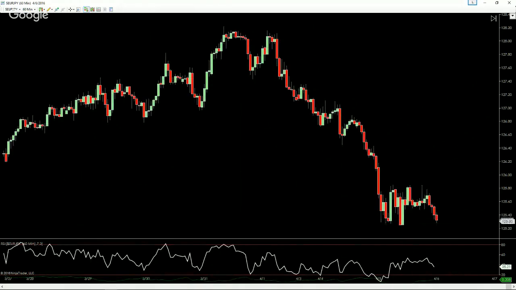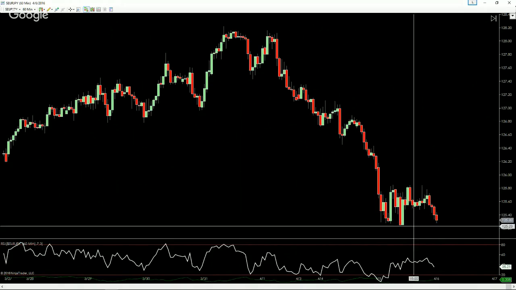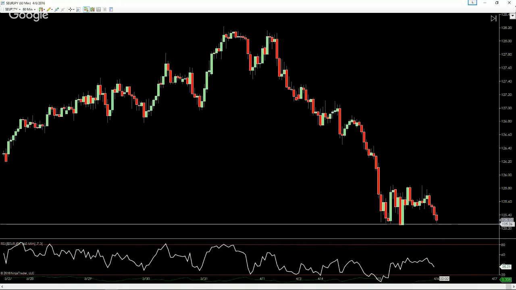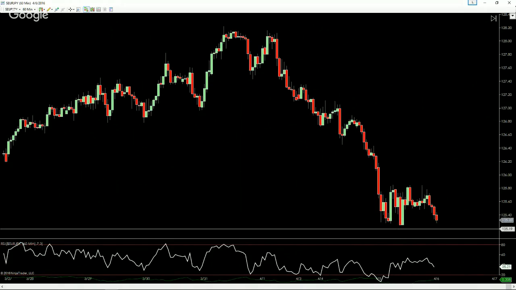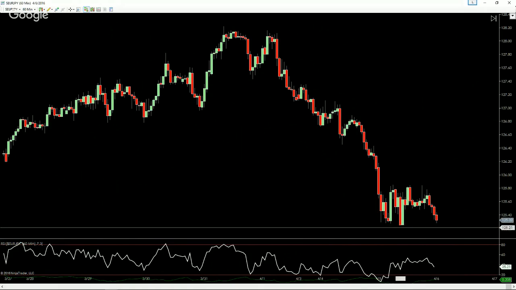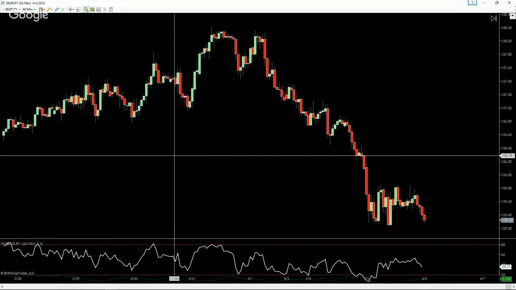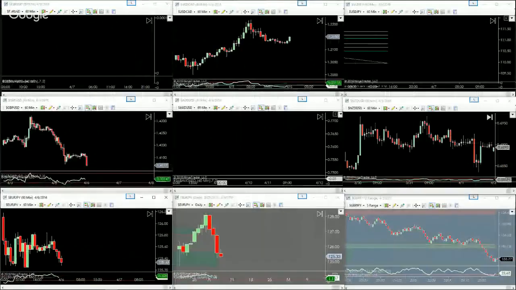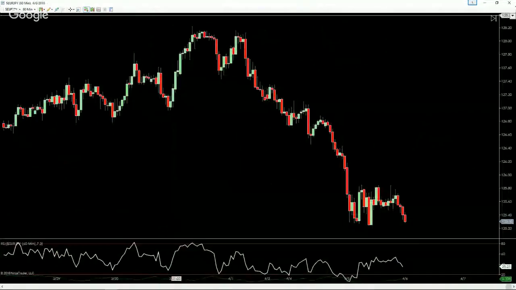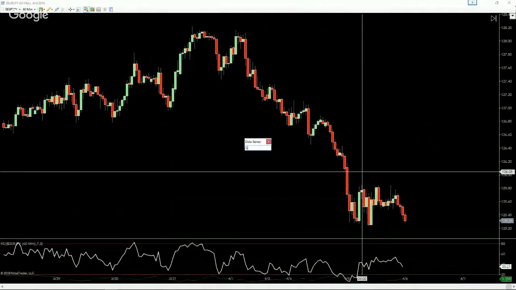This is not a double bottom, but this could be. It's a little bit funky looking, but if price does not close below this structure right here, we could be looking at a double bottom, but not yet. So we still have to be waiting for that.